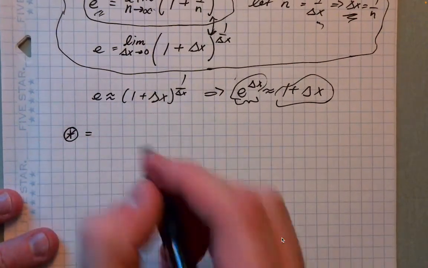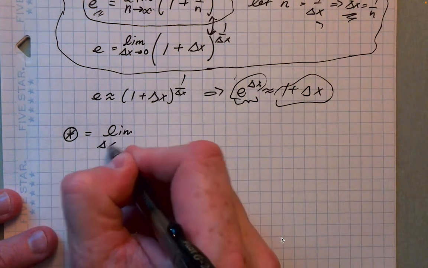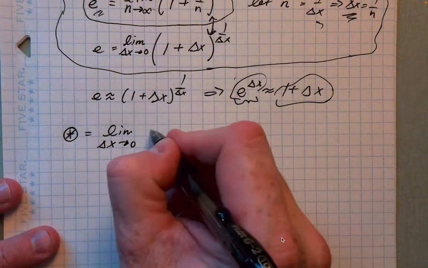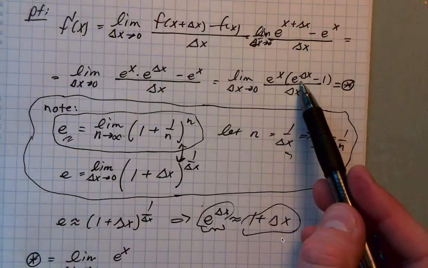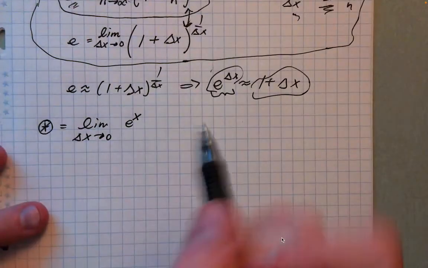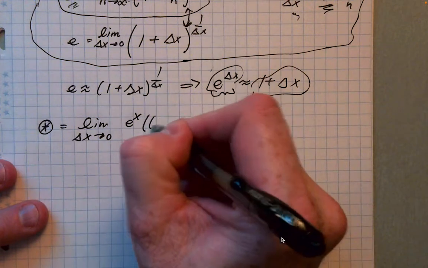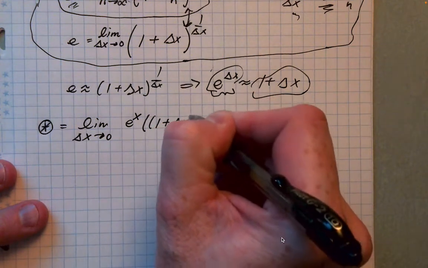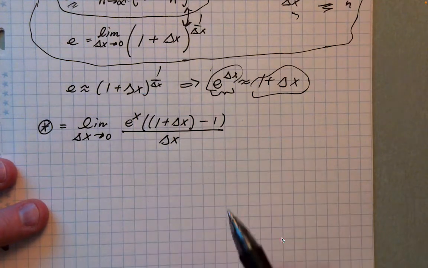So that prior expression is equal to the limit as delta x goes to 0 of e to the x. Now instead of e to the delta x, we're going to plug in 1 plus delta x, so it'll be 1 plus delta x minus 1, and then the whole thing divided by delta x.